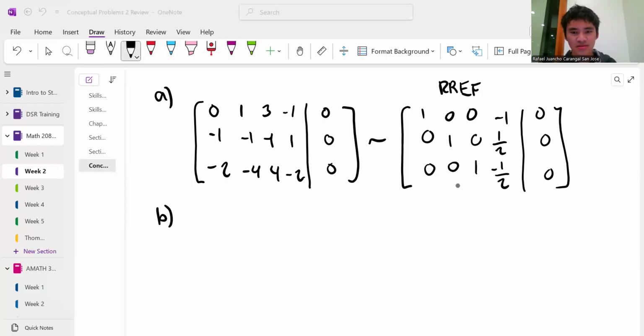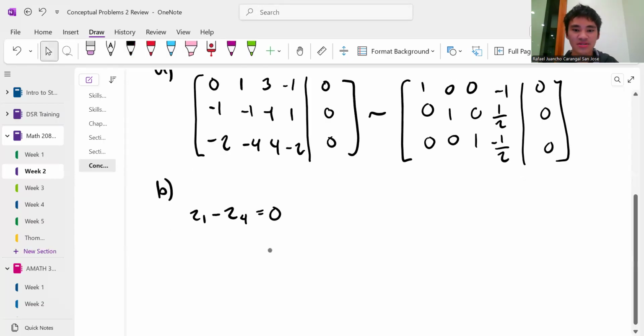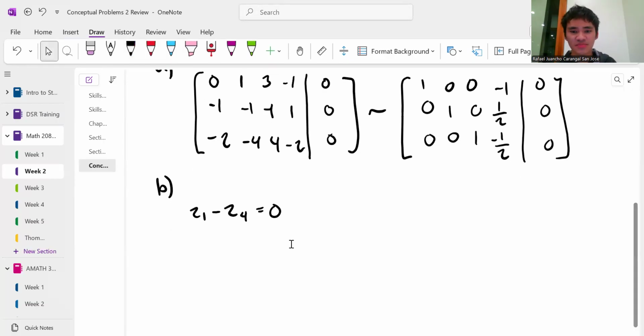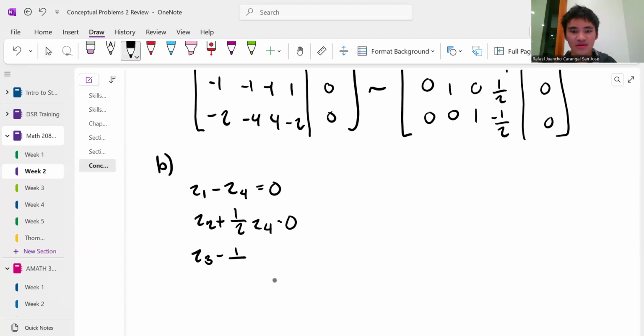So we could say, okay, let's just write out all the equations. Z sub 1 minus Z sub 4 is 0. That's one of them. Then we have Z sub 2 plus a half of Z sub 4 is 0. That's another one. Then we have Z sub 3 minus 1 half Z sub 4 is 0. And here we notice that Z sub 4 is the free variable.